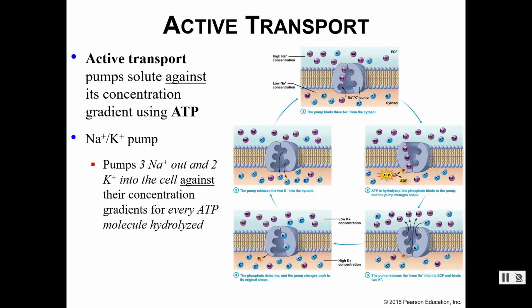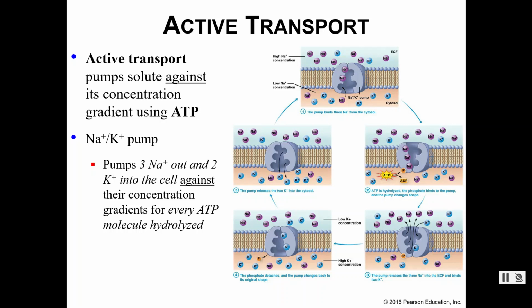So the best example that we have, and it's an example that comes up over and over and over, is the sodium-potassium pump, NAK, sodium-potassium pump. Your sodium-potassium pump is going to physically pump 3 sodiums outside of your cell. Every time it pushes 3 out, it's going to bring 2 potassiums back into the cell.